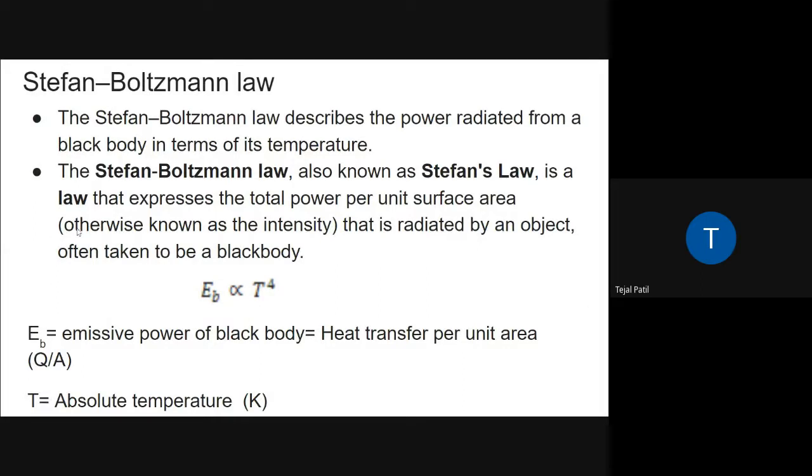The Stefan-Boltzmann law says that the total power per unit surface area radiated by an object considered to be a black body is directly proportional to the fourth power of its temperature. It is talking only about the black body.